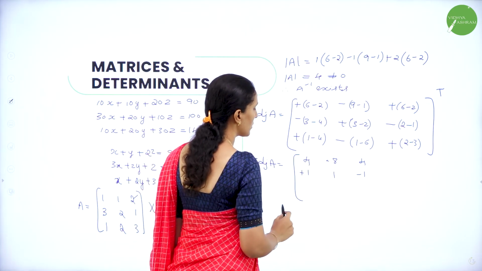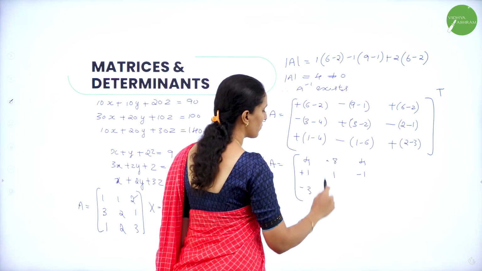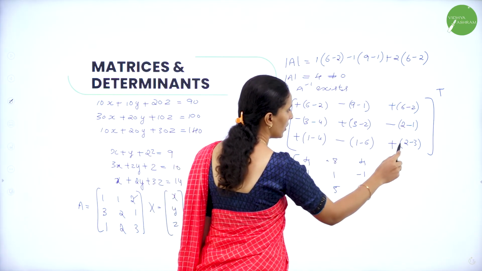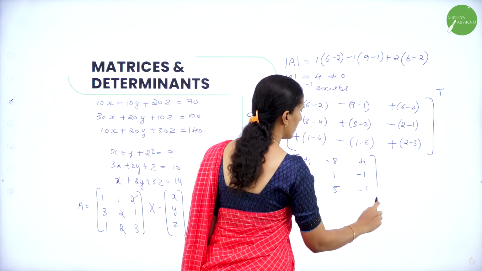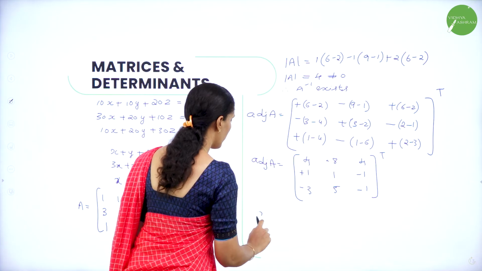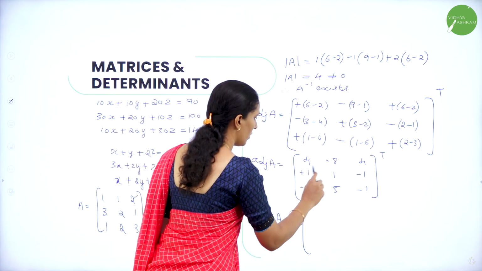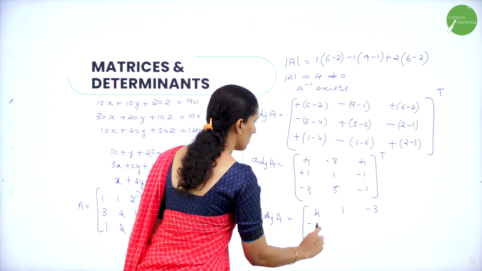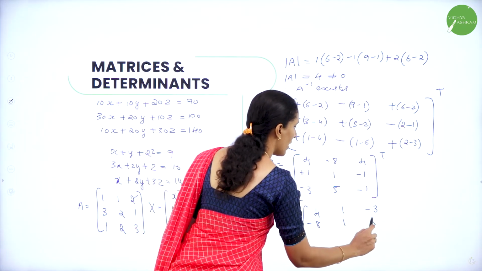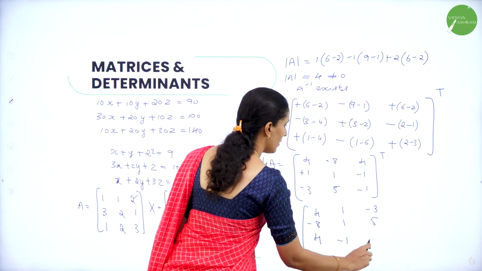Next we have 1 minus 4, minus 3, 1 minus 6, minus 5, and 2 minus 3 is minus 1, so it is minus 1. Take the transpose of it, we have adjoint A is equal to 4, 1, minus 3, minus 8, 1, 5. Next, last we have 4, minus 1, minus 1.